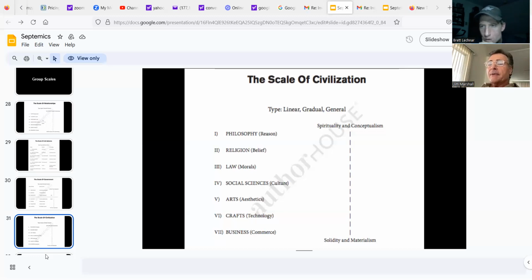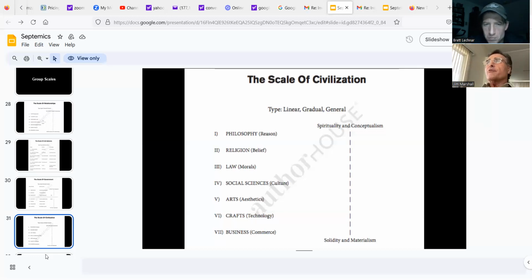Okay. Do masons make a lot of money? Not compared to stockbrokers, they don't. See, the stockbroker is at level 7. He's involved in commerce. So those are the 7 ineluctable components of a civilization.